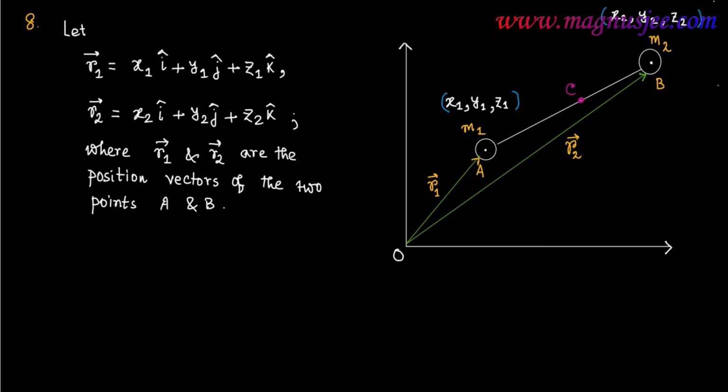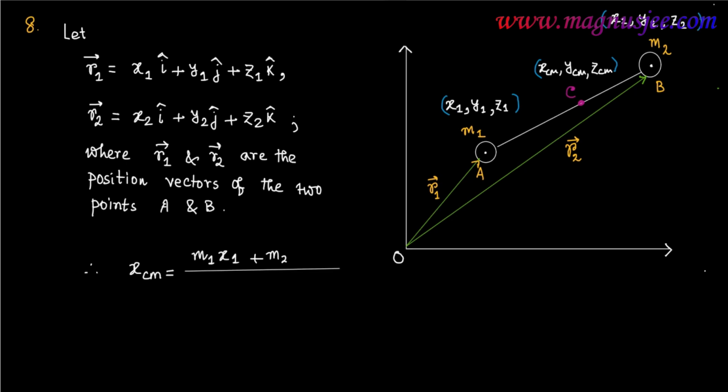So now we can denote the center of mass of the system containing two particles. C is the center of mass having position coordinates xcm, ycm, zcm. In this case, xcm, the distance of the center of mass along the x-axis from the origin, is m1 x1 plus m2 x2 divided by m1 plus m2.